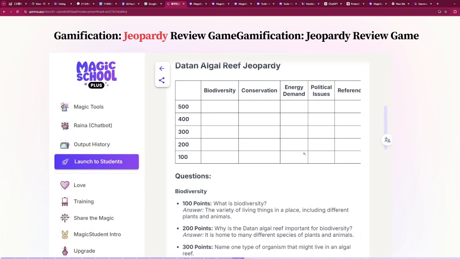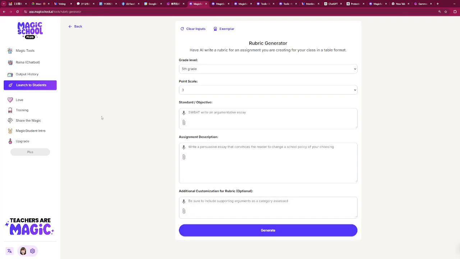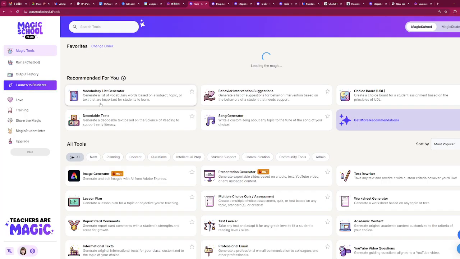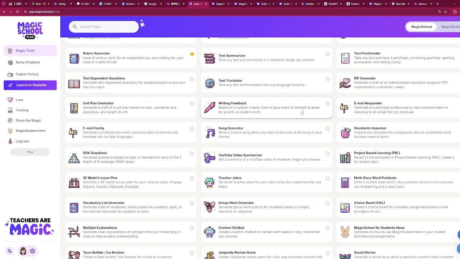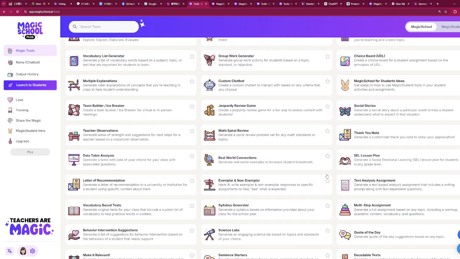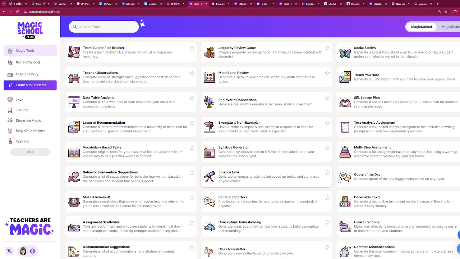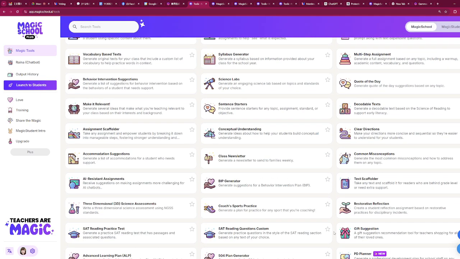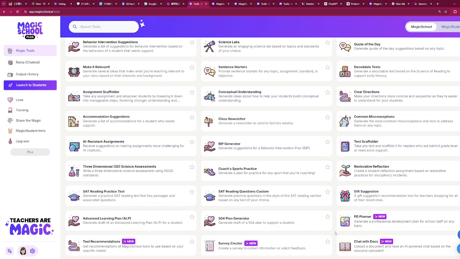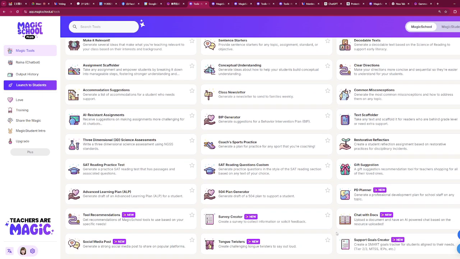So my next focus is on gamification, and there's a function called Jeopardy in MagicSchool. Let's see where Jeopardy is. So you could create a Jeopardy game for your class on the content you cover for the review.